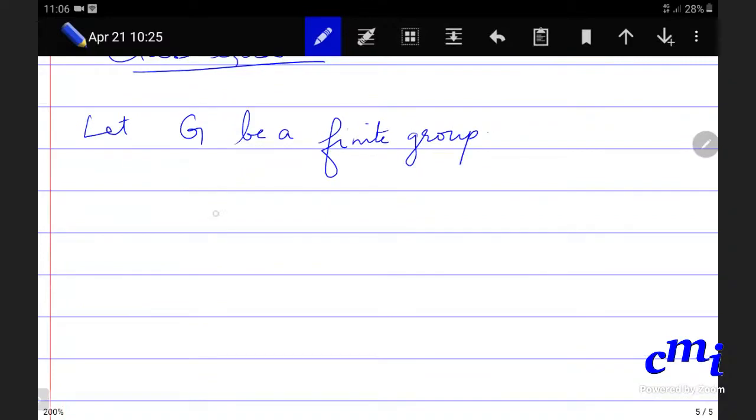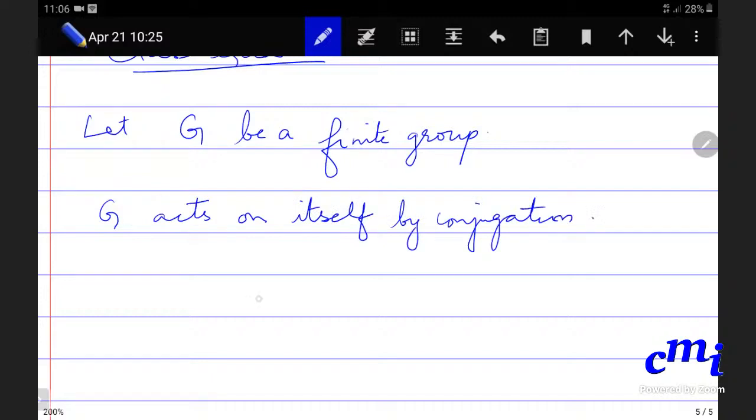G acts on itself by conjugation. That is phi_g of h is g h g inverse. So this tells us some information about groups.